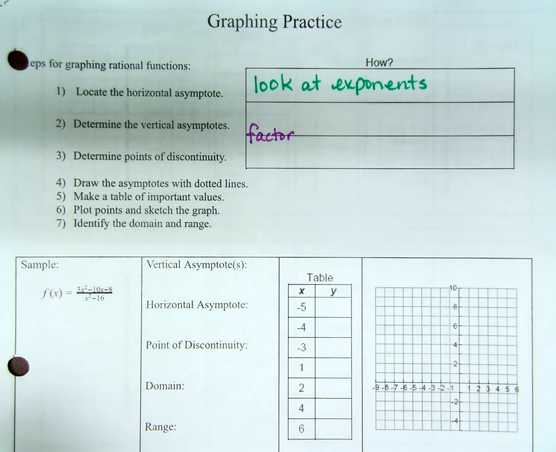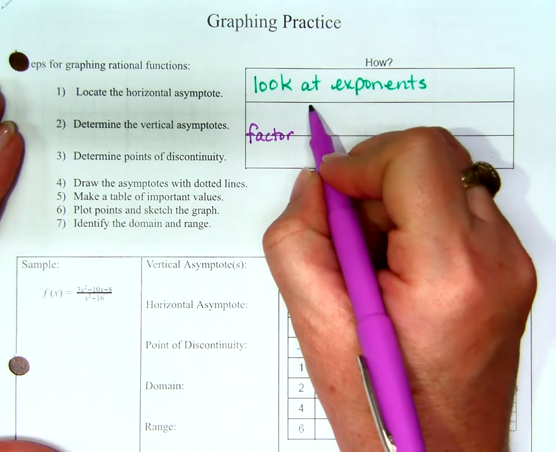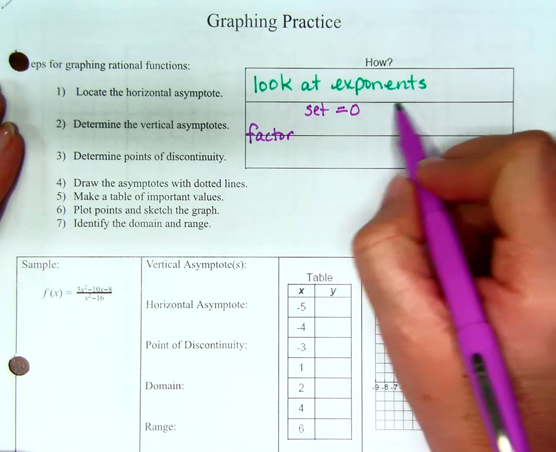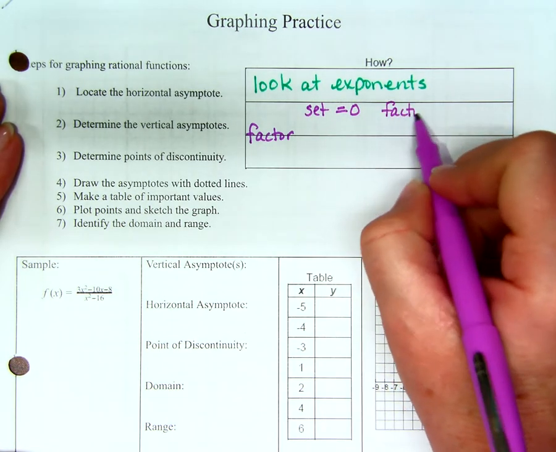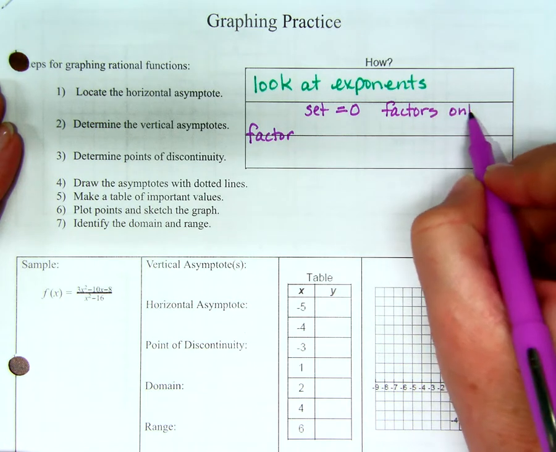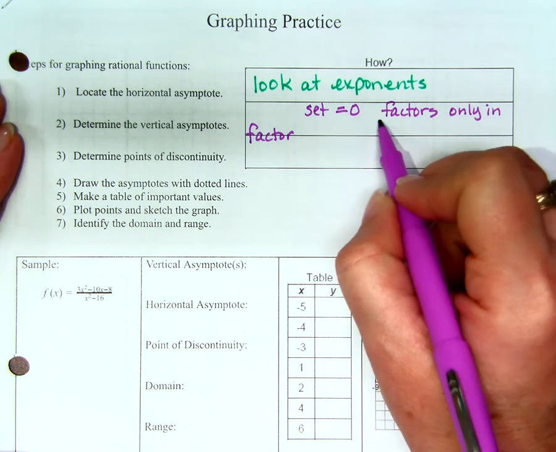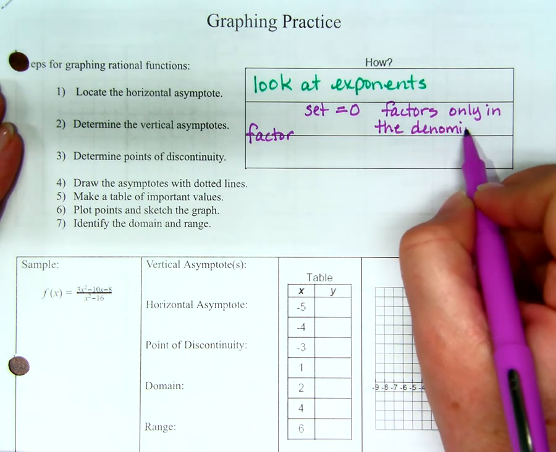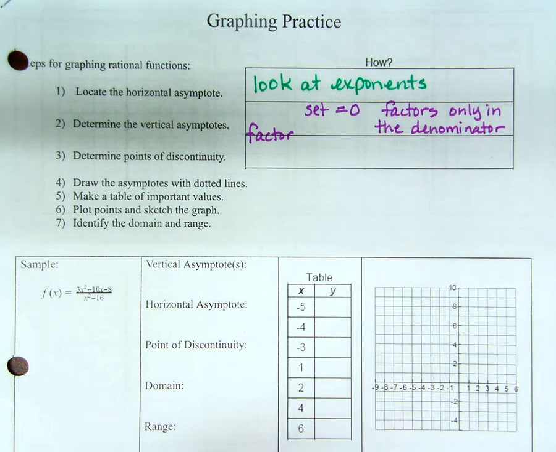And we're saving a little ink or pencil lead. After we factor, we do want to set equal to 0 the factors only in the what? Denominator. Excellent.